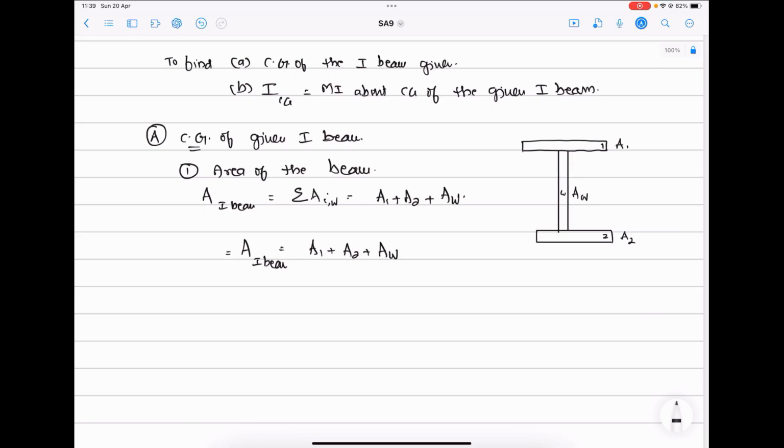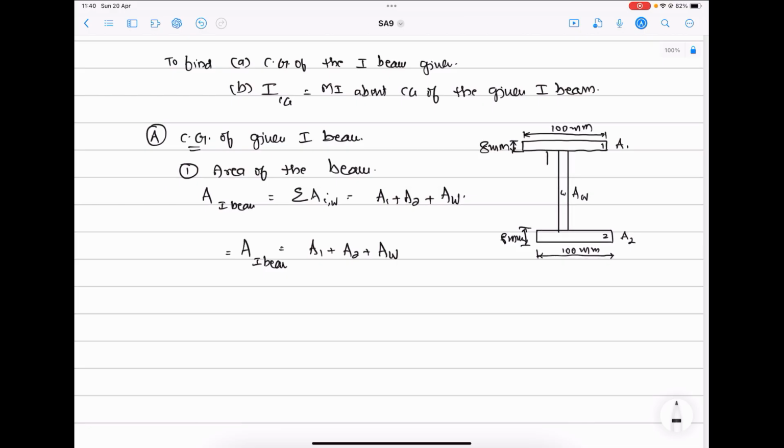What is A1? How to find out A1? What are the dimensions of A1? This is 100 mm, and its thickness is 8 mm. The other flange is 100 mm, and its thickness is 8 mm.